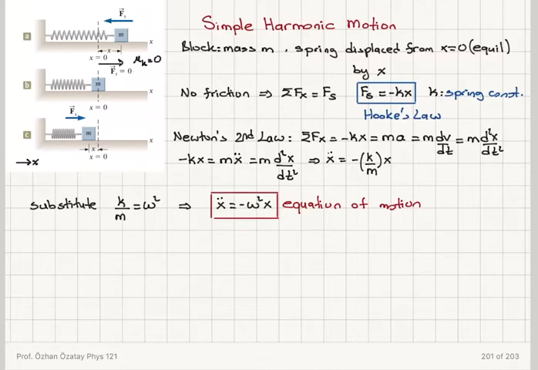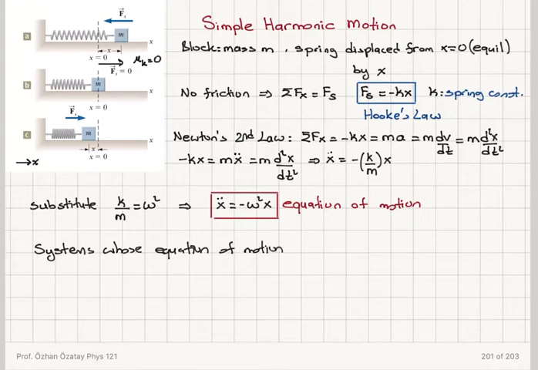So if we analyze any mechanical problem where we obtain this sort of equation of motion, we're going to say that the system exhibits simple harmonic motion.